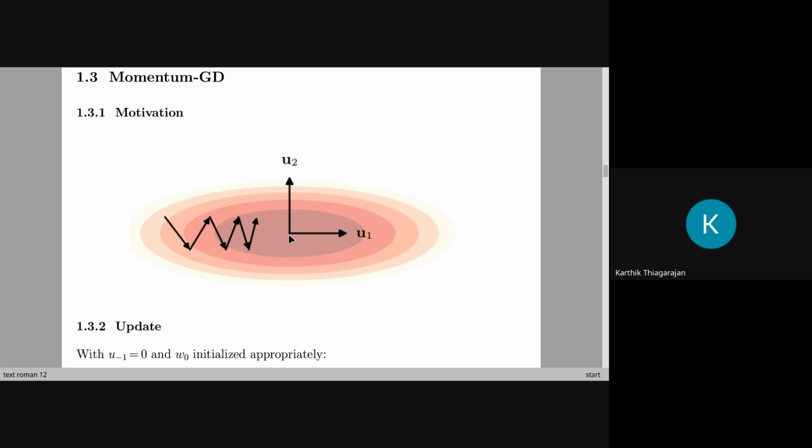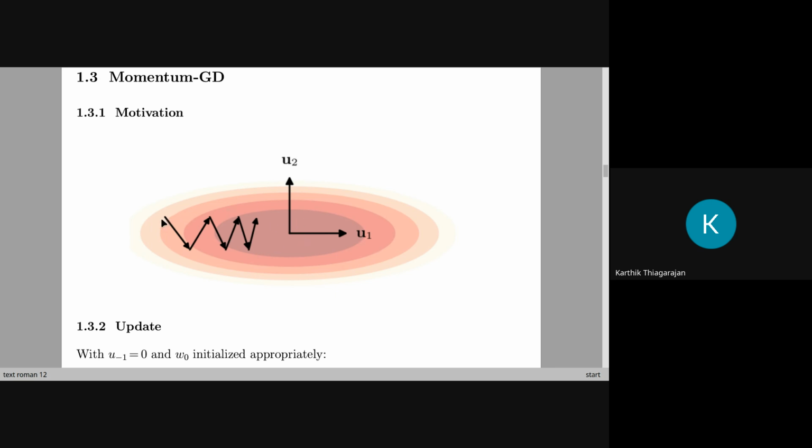The slope changes very rapidly in the vertical direction. We call this direction across the valley, and this horizontal direction, u1, is along the valley. Along the valley, the slope changes very gently. Across the valley, it changes rapidly.